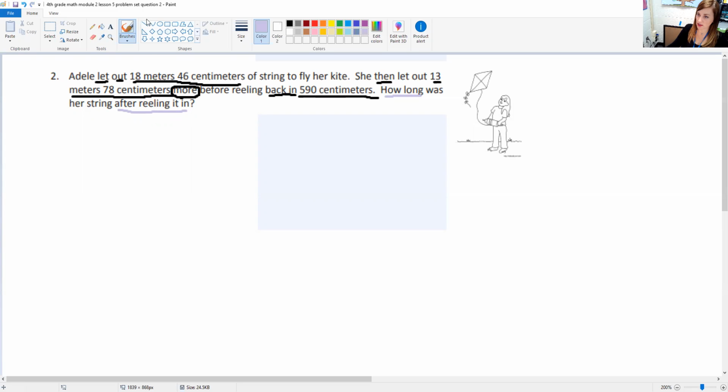Okay, so we're going to take it part by part. So let's do our tape diagram. Let me get a shape here. So I'm going to put it right here. The first piece of information is that she is letting out so much, so we're going to put that in here.